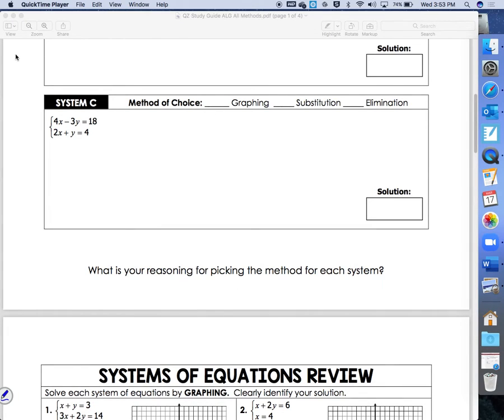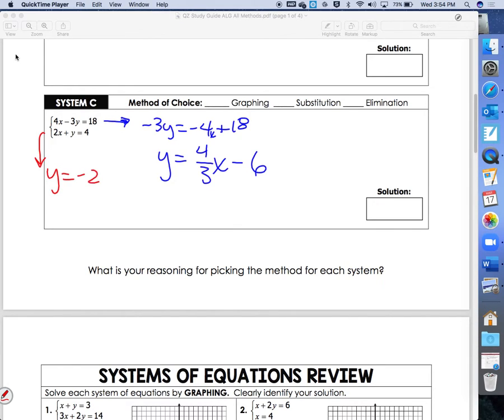I'll let you graph this on your own, but if I take the first equation and isolate the y, dividing both sides by -3, this gives me a y-intercept of -6, and that's going to be easier to graph than the y-intercept we got in system A. And in the second equation, both y-intercepts are easy to graph by hand, so system C would be best solved by graphing if you have to choose one method for the three systems.